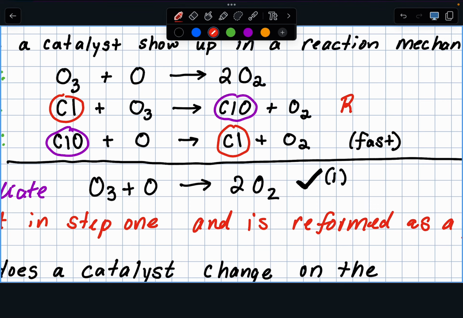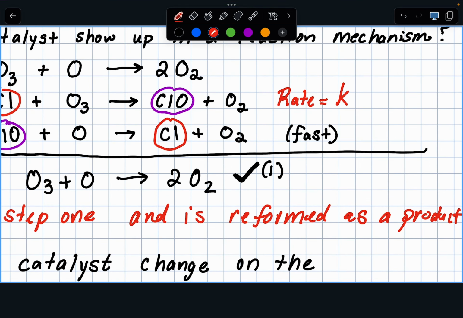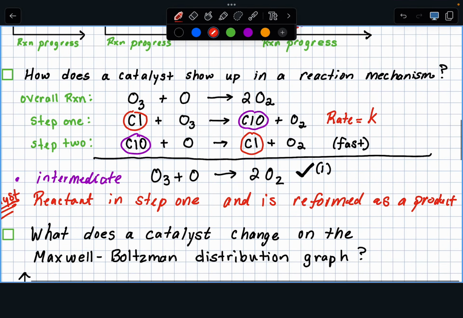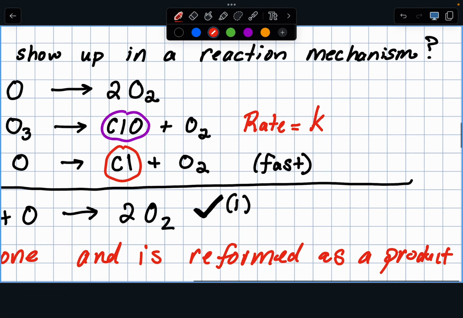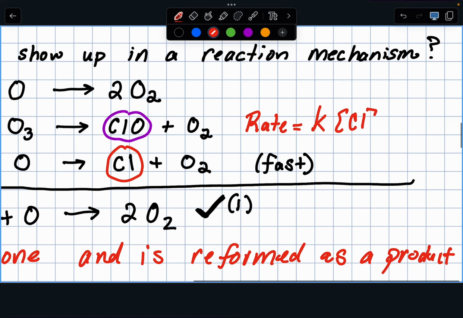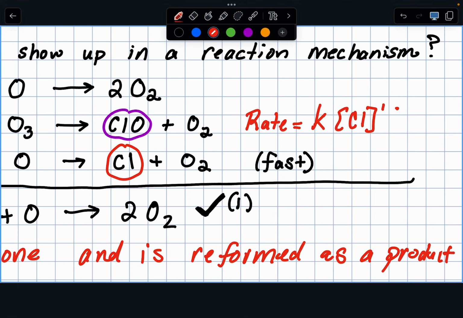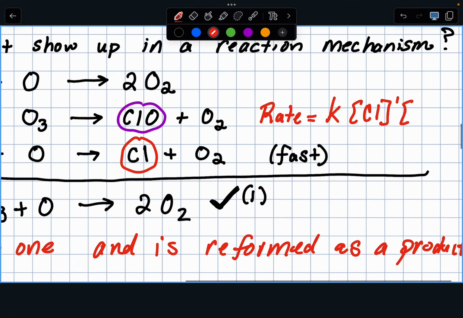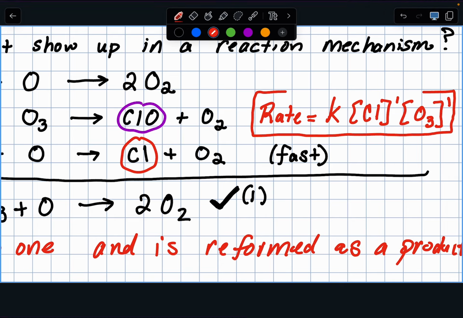So the rate law for this second step, using what's called the molecularity that I had in a previous video, is going to be, yes, it will have the catalyst in it. That's new. We can't have an intermediate in a rate law, but you can have a catalyst in a rate law. And so that would be the rate law that would be kind of like predicted or expected.